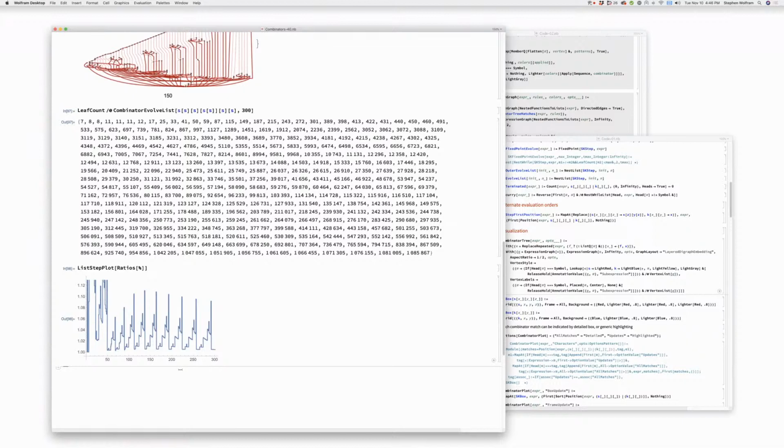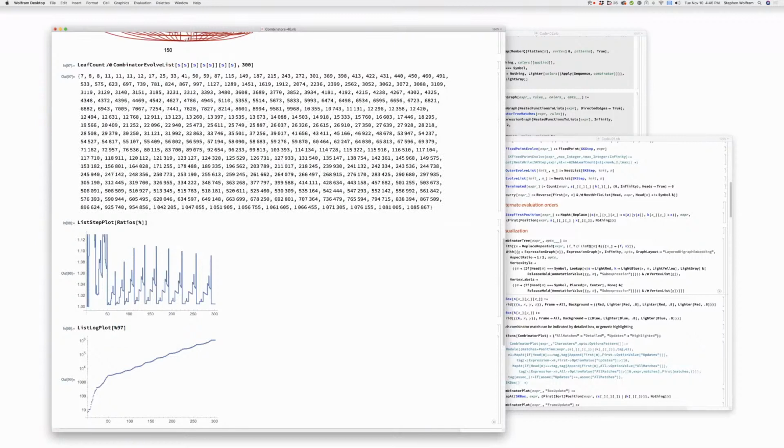Okay, so those are the ratios. If we say list log plot, it seems to be exponentially increasing, right? Now, it's a little weird. What's the best way to get a fit to this, given that it's scalloping like that? And given we can see the ratios here vary between 1 and some value about 1.08.